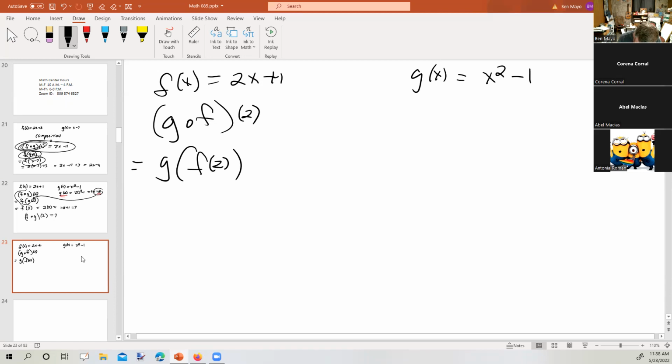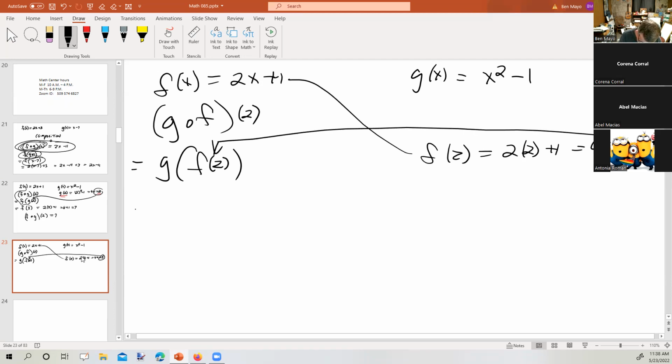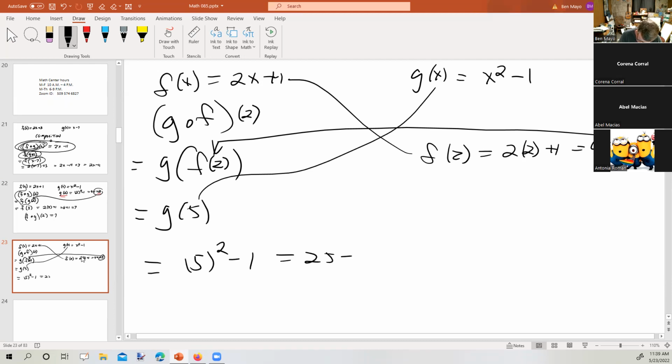Well, what is f of 2? F of 2 is 2 times 2 plus 1, which is 4 plus 1, which is 5. So 5 goes in the place of f of 2. So now I get g of 5, which is 5 squared minus 1, 25 minus 1, 24. So g composed with f of 2 is 24.